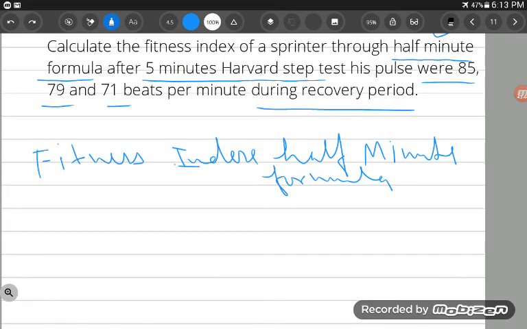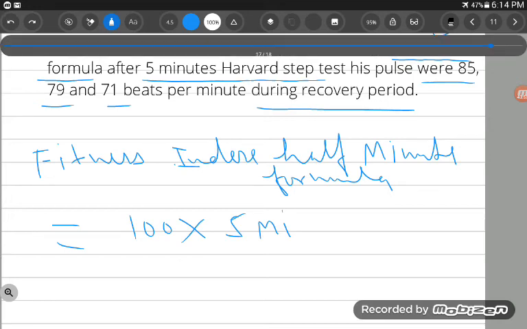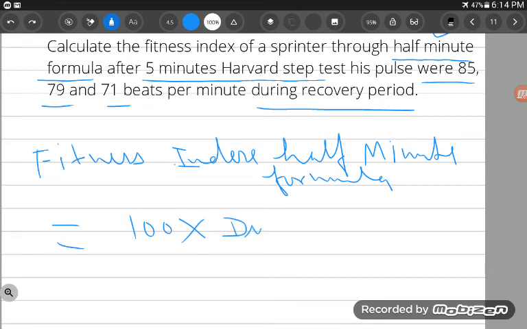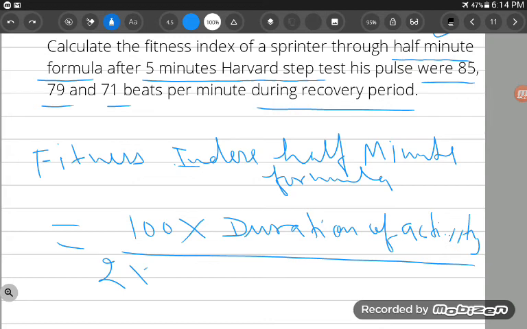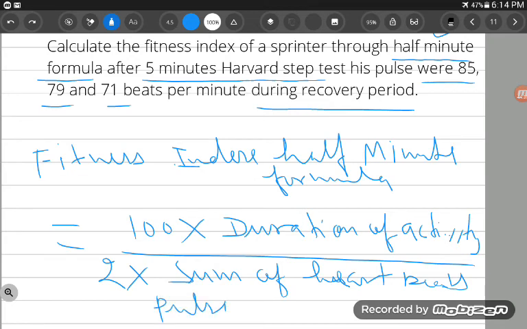Fitness index formula is equal to 100 multiply duration of activity upon 2 multiply sum of heartbeats, pulse 1, 2 and 3. This formula is used for the half minute.